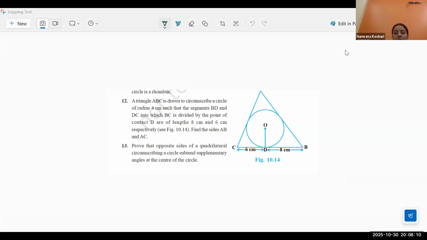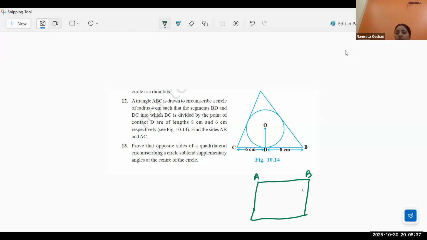Prove that opposite sides of a quadrilateral circumscribing a circle. Now, you always ask me what is the meaning of circumscribing a circle. A quadrilateral circumscribing a circle means you are having a quadrilateral and your circle is touching all four sides of this quadrilateral.